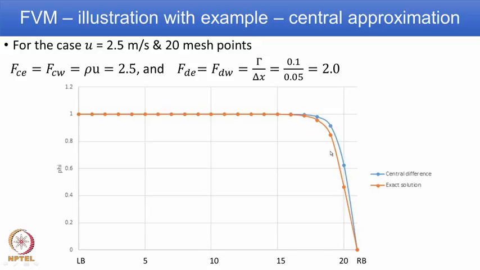This is the way you can improve the solution accuracy if the order of accuracy is constrained. In this case you decide to have a central difference scheme because it is second order accurate, but it exhibited a wiggle or oscillating type of solution. Now, you can increase the mesh size and get away with the oscillation and get an improved solution.